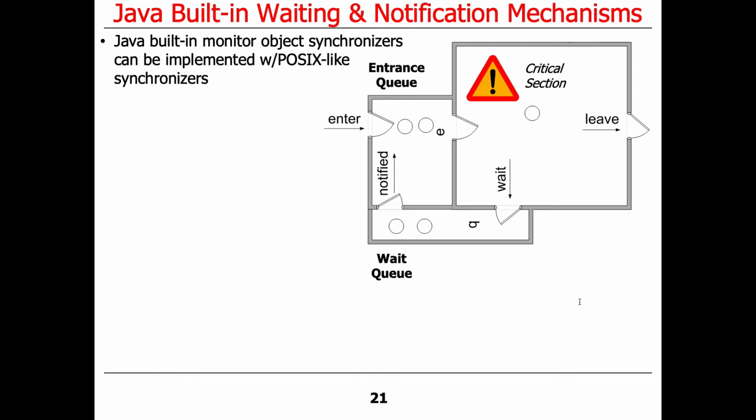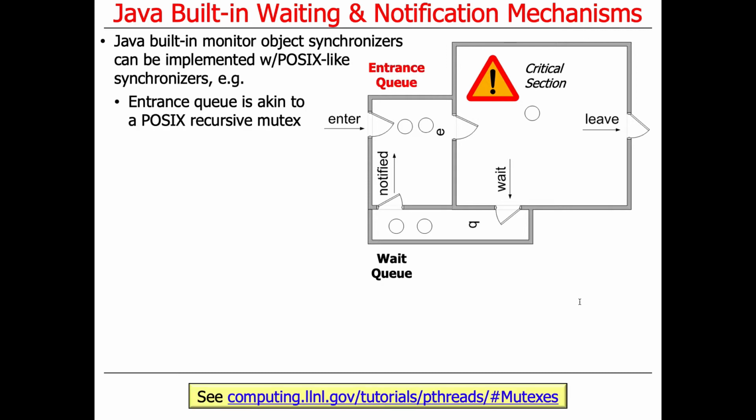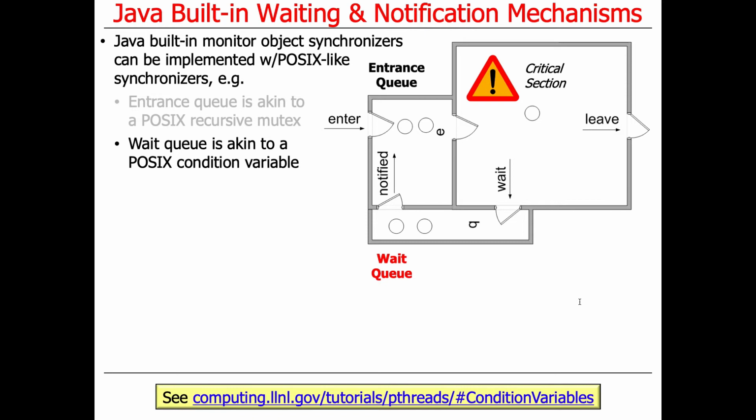This stuff is implemented under the hood using POSIX-like synchronizers. POSIX is the portable operating system standard interface for Unix and Linux-like systems. And there's something called the POSIX reentrant locks or POSIX mutexes, mutual exclusion locks, and they can have reentrant semantics. So you can think of an entrance queue as basically like a POSIX recursive mutex. That's typically how they're implemented under the hood. And you can think about wait queues as being equivalent to POSIX condition variables, which is also how they're typically implemented under the hood.